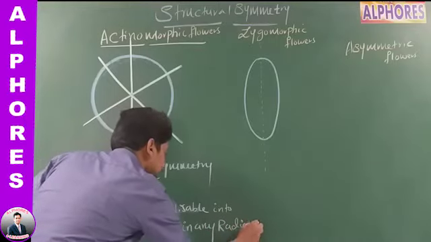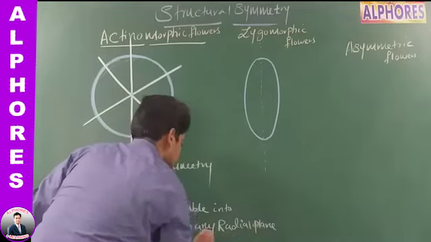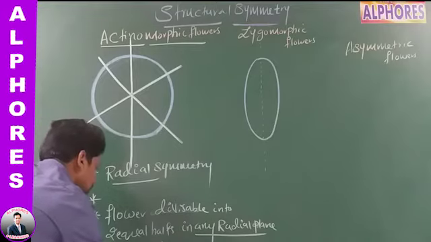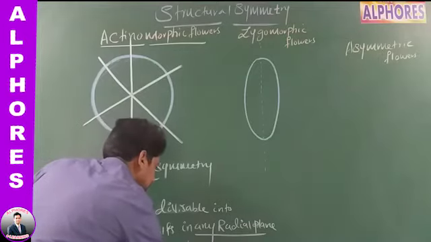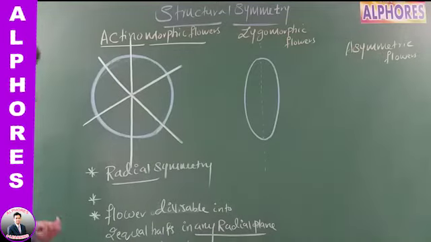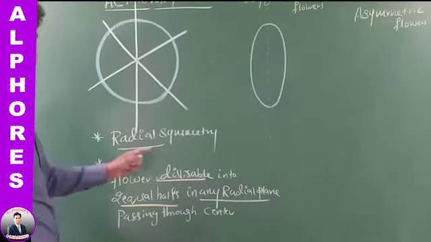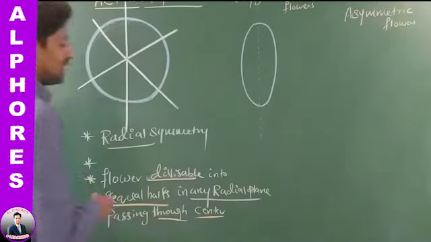In any radial plane passing through the center. Is this statement okay? Therefore, the flower is divisible into two equal halves in any radial plane, but the radial plane should pass through the center.